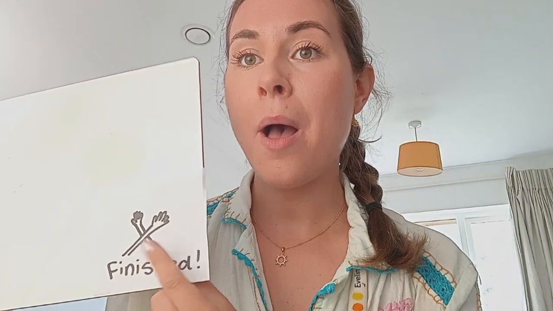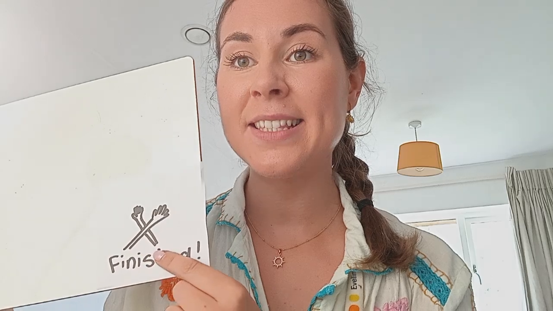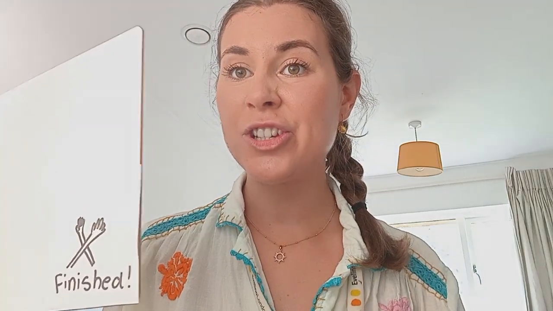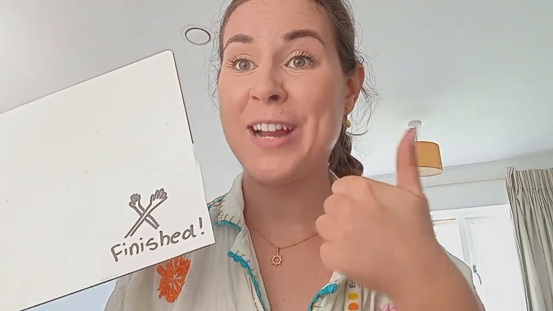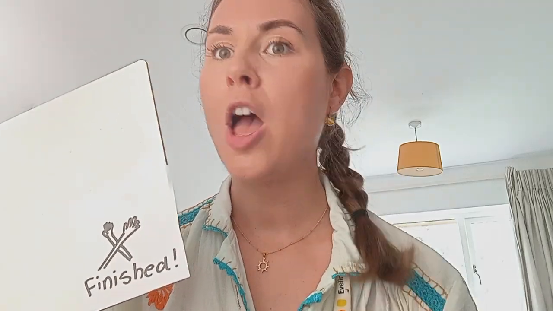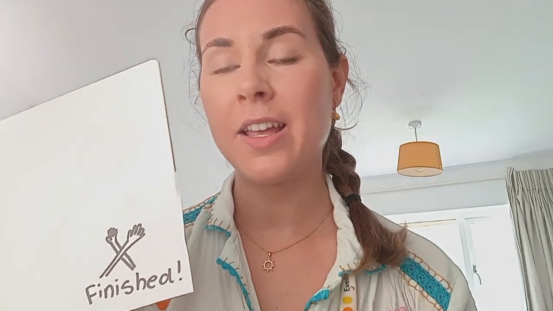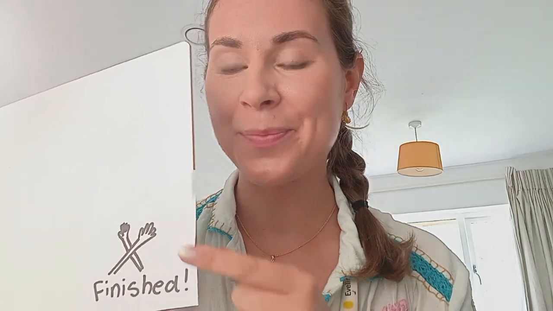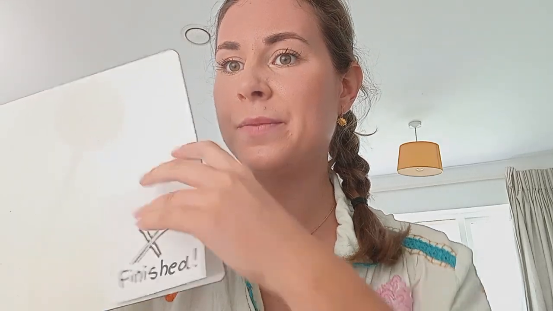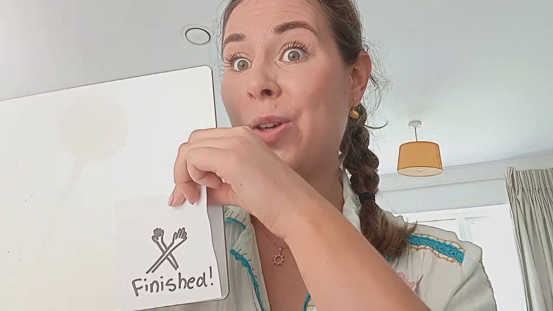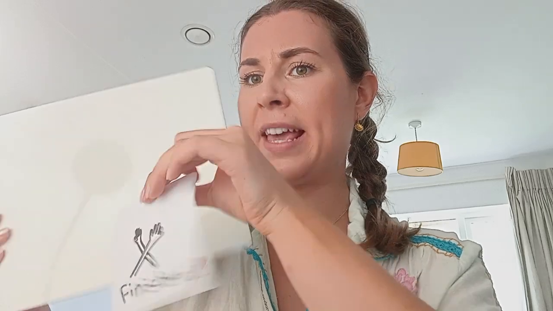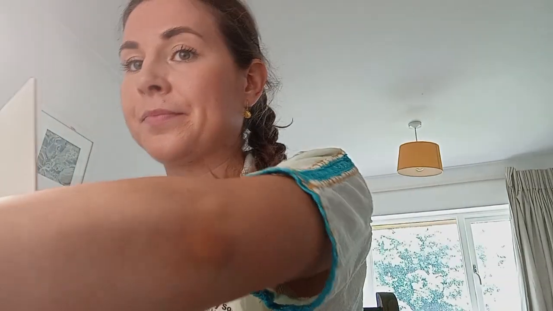And now our mealtime is finished. You did some really good listening, some good sitting, some good eating, and good tidying. It's finished. So we're going to, good thinking, let's take it off.